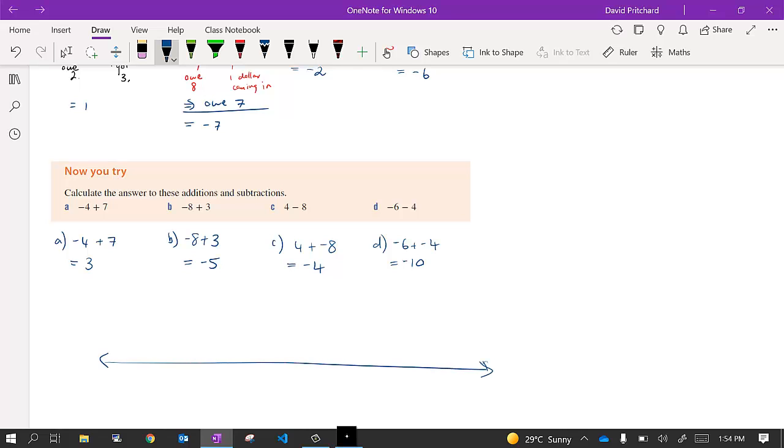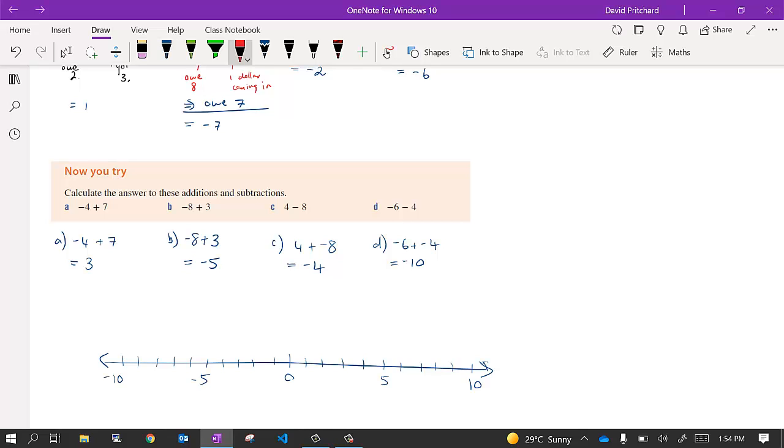So let's look at going 0, 1, 2, 3, 4, 5, 6, 7, 8, 9, 10. So there's 10, and here's 5, and 1, 2, 3, 4, 5, 6, 7, 8, 9, 10, and there's -10. So here is -1, -2, -3, -4, -5.